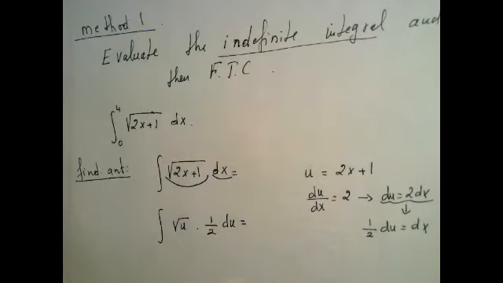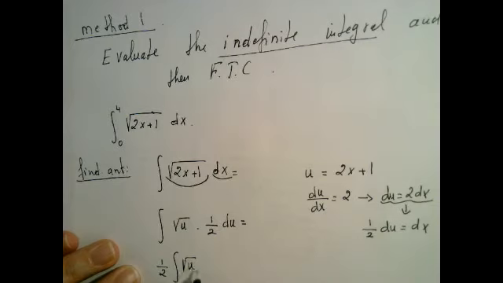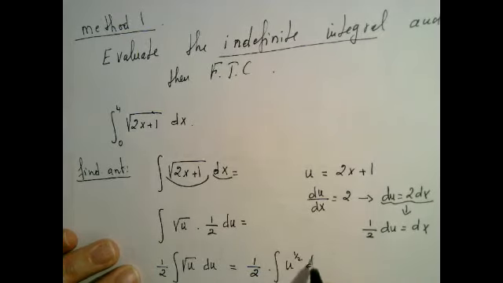At this stage, I'm not putting any limits because I'm after the antiderivative. A half is a constant, I can pull it out: a half times the integral of the square root of u du, which means a half times the integral of u to the power of a half du.